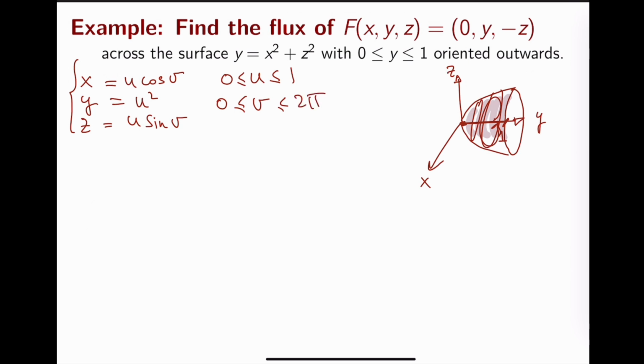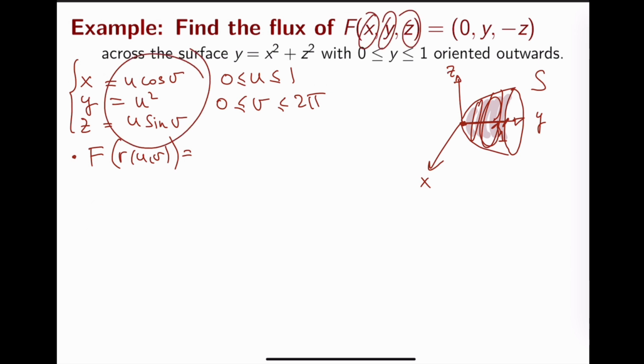Okay, so this is the parametrization of the surface S, and now what we need is to evaluate the vector field at that parametrization. So the vector field in this case is this one, so we are going to substitute x, y, and z by their values in the parametrization.